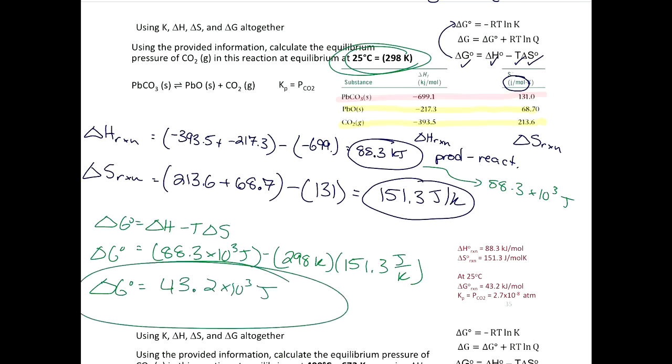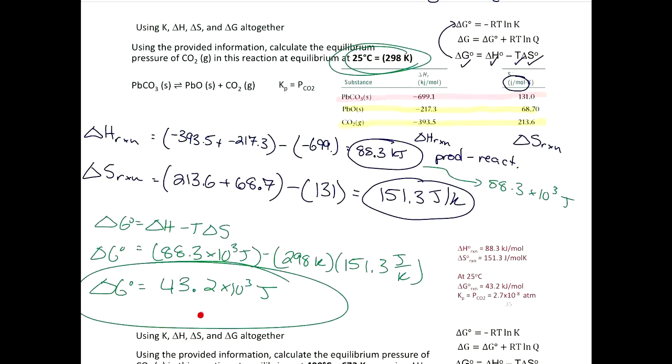So scroll back to the previous slide and look at our delta G value there. What number is it? It is the same exact number. So what I'm trying to show you is that the delta H's and delta S's that we calculate using thermodynamic quantities are related to delta G's, but only at 298 Kelvin because they are measured at standard temperature there, right?